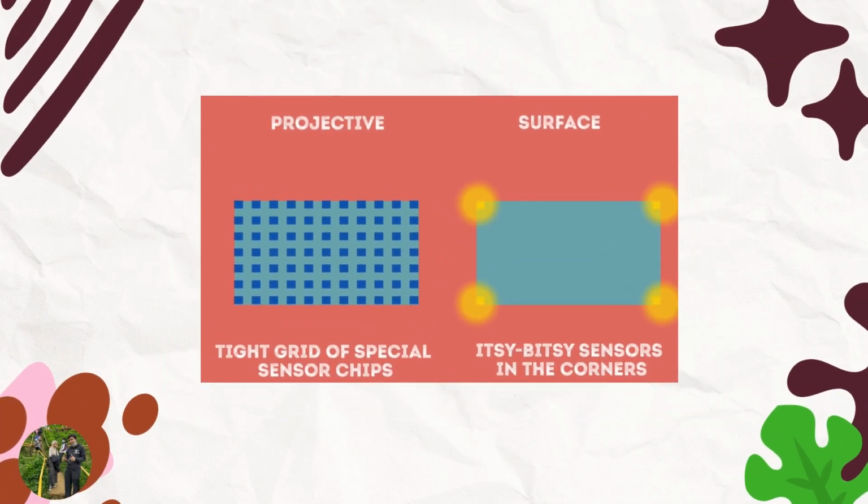There are two types of capacitive screen, projective and surface. The projective screen uses a tight grid of special sensor chips that can manage multiple touches. For example, we can see it on touchscreen phones, tablets, laptops, or anything else. The surface capacitive screen uses sensors in the corners.